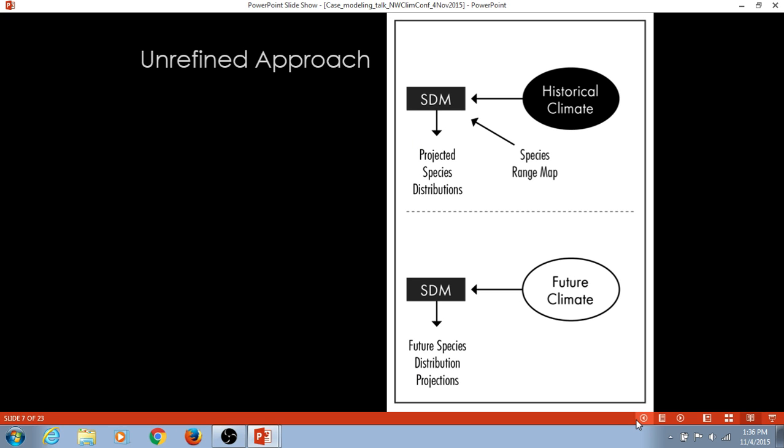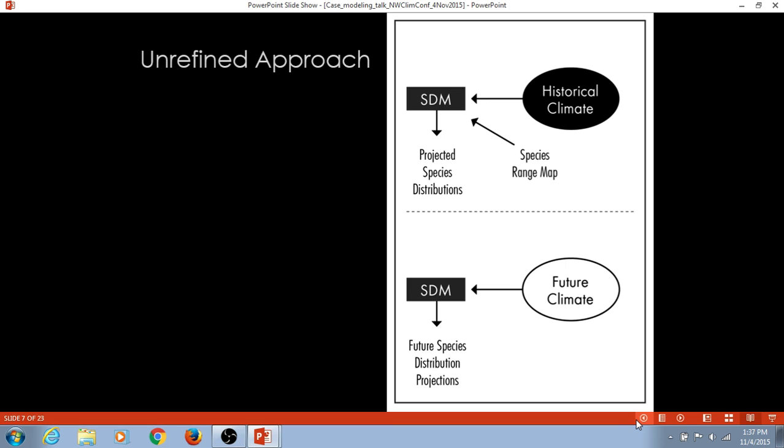First, I had to build the empirical models, and these are relatively simple, just using historical climate, tree species range maps, and then building the statistical model. In this case, I used the R package randomForest, which is an ensemble classifier, so it builds all these classification trees, trying to predict whether a species is present, and then tallies the majority of those votes.